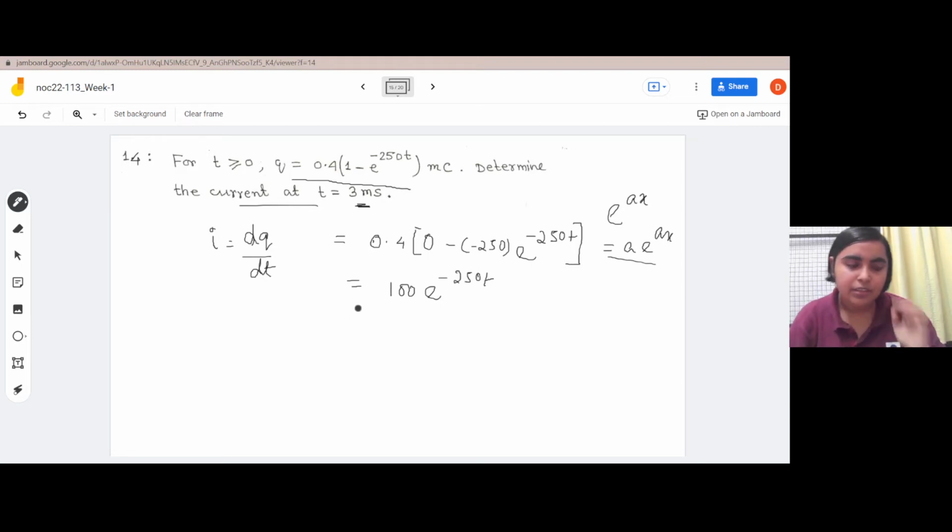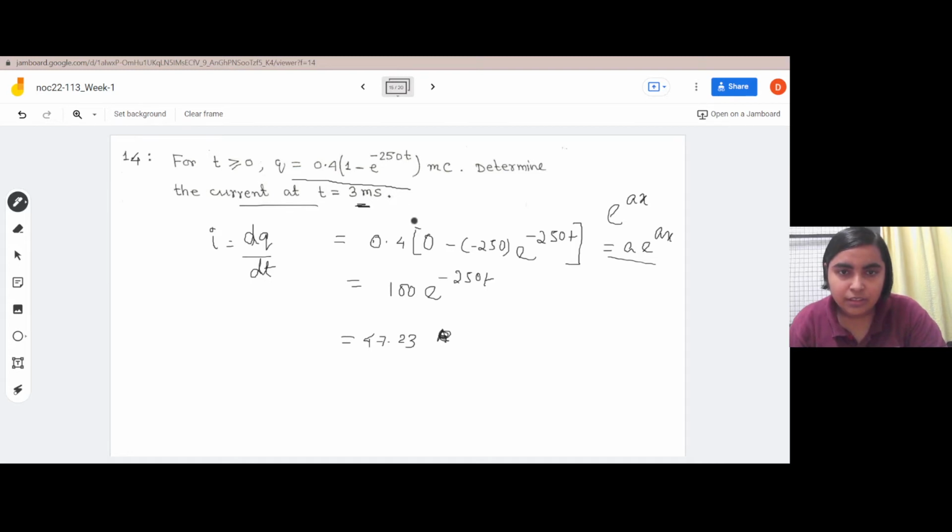So what is the answer at 3 milliseconds? 47.23. Yes. Does anyone have any doubt in this question? Okay. If not, we'll move to the next question. Ma'am, the unit of current comes to ampere, right? Yes, or milliamperes.